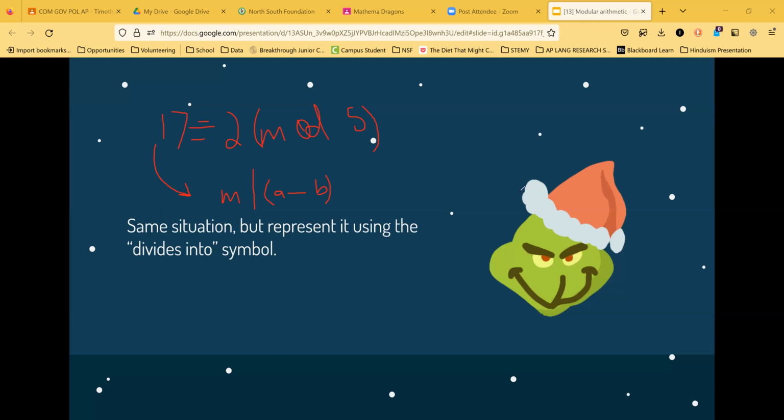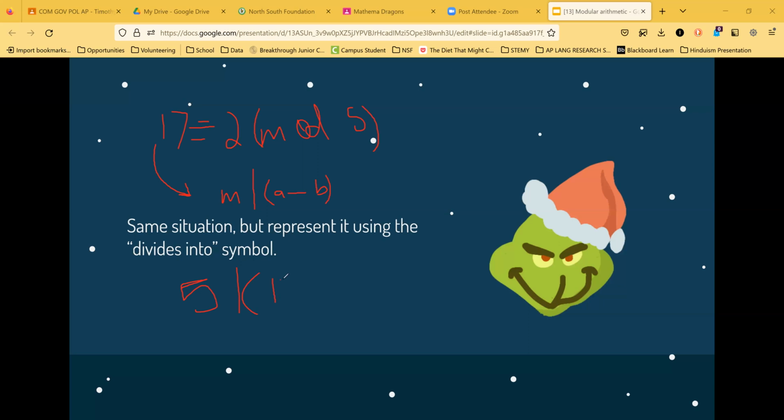Okay, yeah. So you all are correct, and it's fine that you can get the straight line on your computer. By the way, to type it, if you're on a computer, it should be above the enter sign. So it should just be shift and then the symbol above the enter sign. But if you do not have that, that's also fine. So it would be represented as 5 divides into the difference between 17 and 2.